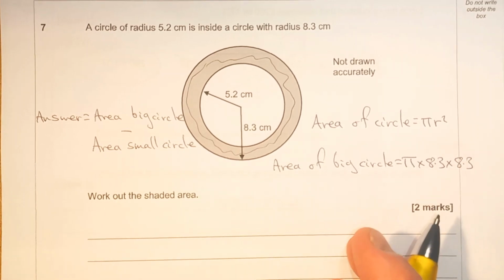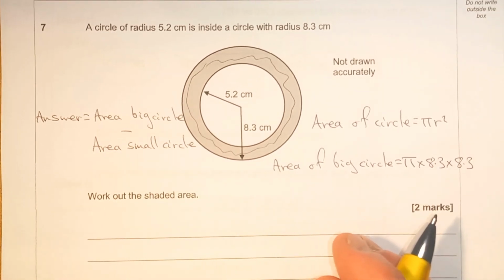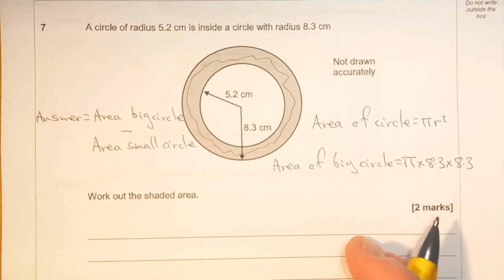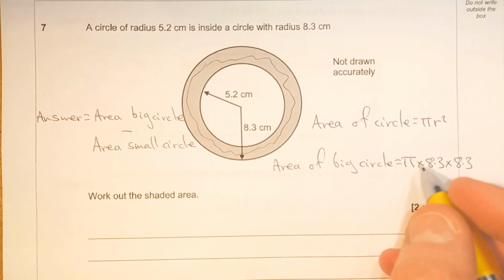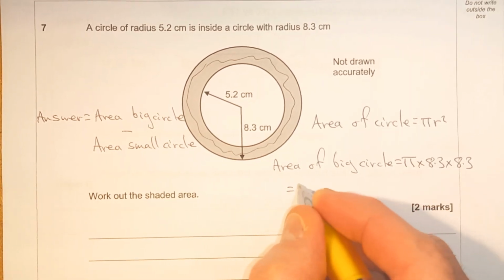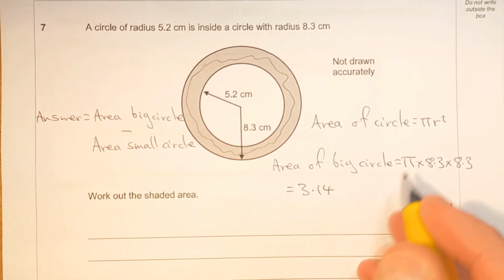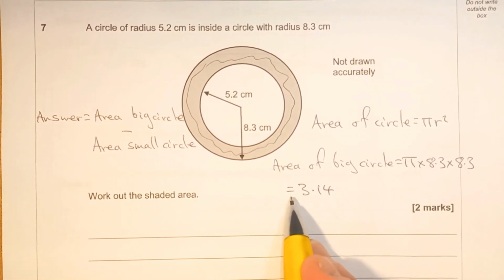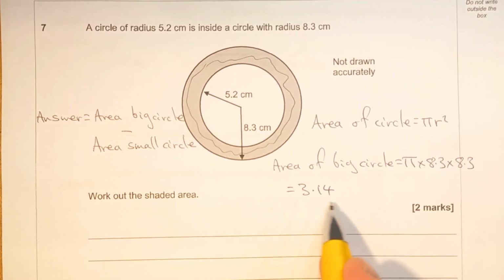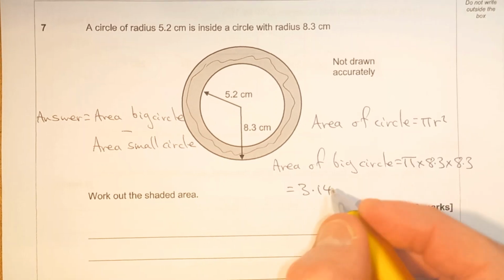So now on the front of the paper, it does tell us for pi, and I'm just double checking this, but it should tell us to use 3.14. In fact, I don't think they do. I think they just expect you to know that. So we can rewrite this as 3.14, which is an approximation of pi, but any past paper will always allow you to use 3.14 for pi.